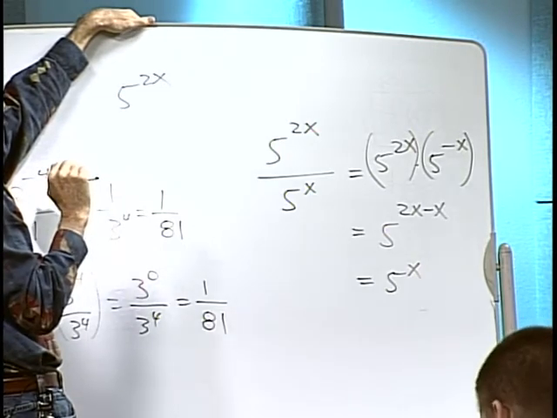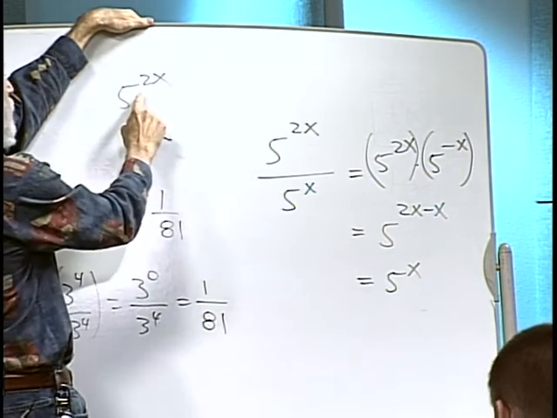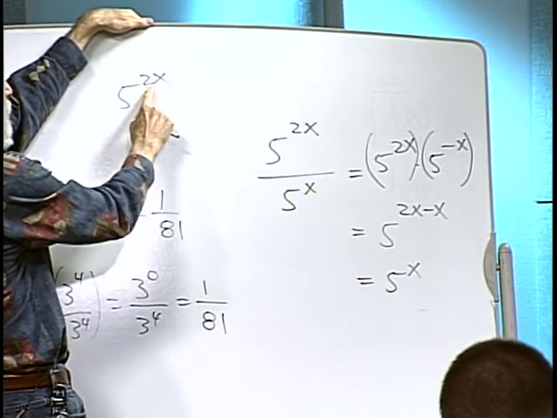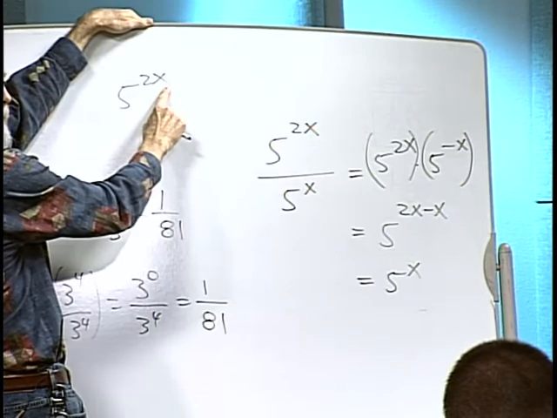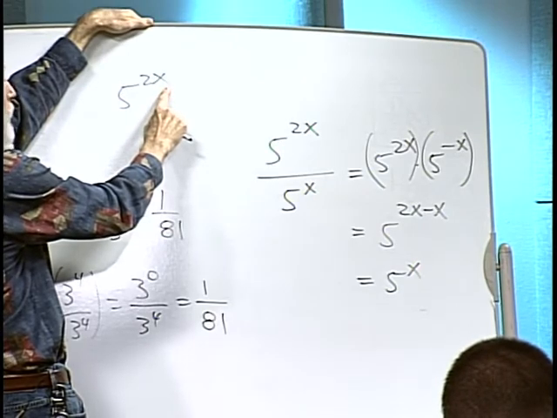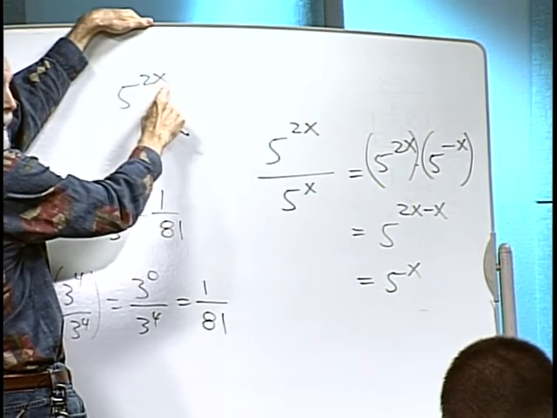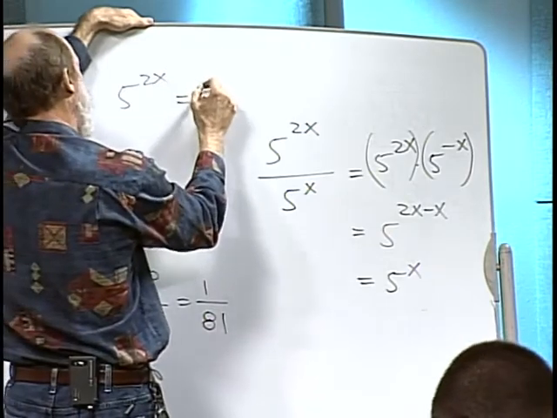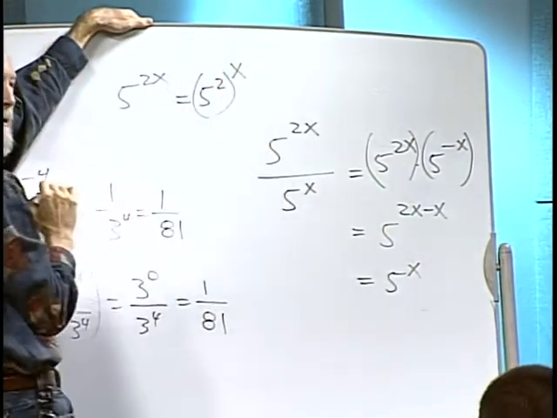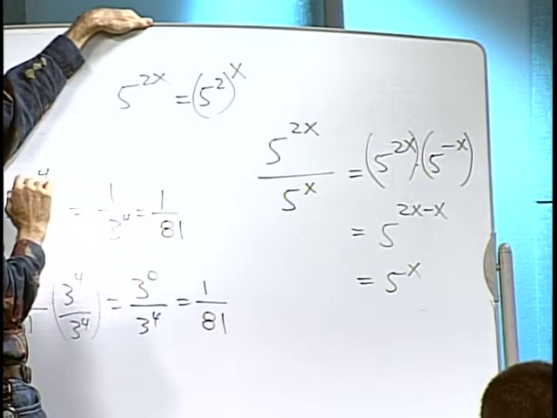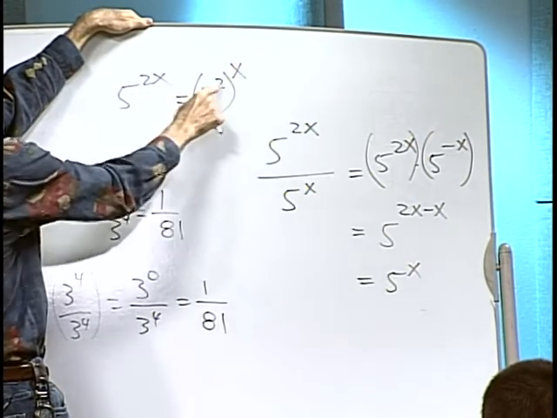Notice these exponents are multiplied together. Everybody see that? Okay, 2 times x, right? And so that's the same as 5 to the 2 raised to the x, isn't it? Good, good. 5 to the 2 raised to the x.